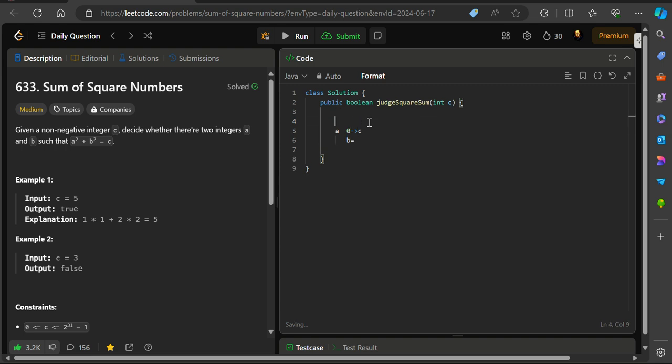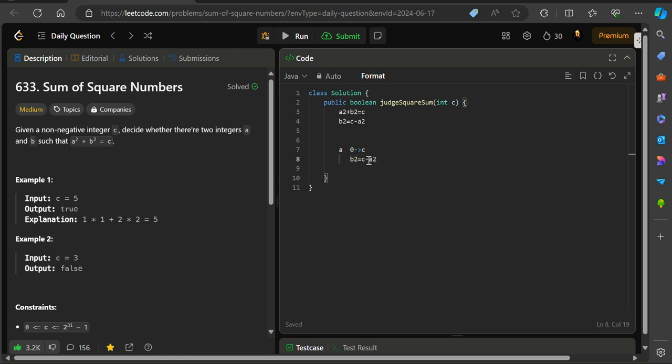Yes. Earlier the equation was a square plus b square equals to c. Now I need to determine b, right? So what we will do? b square is c minus a square. So the value of b square will be c minus a square, right?